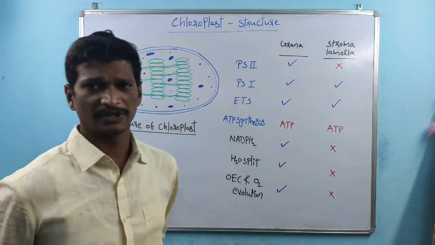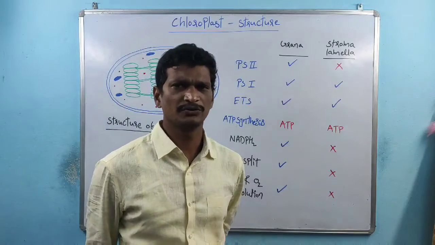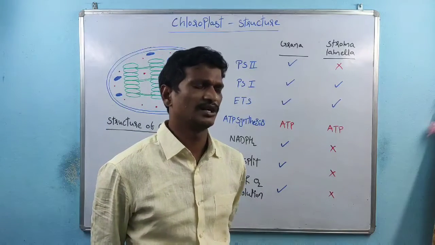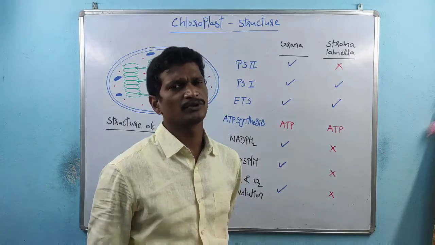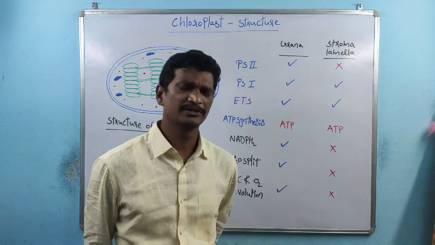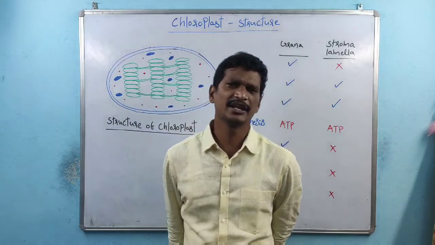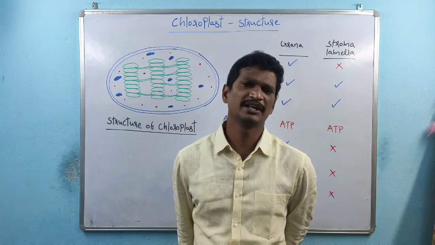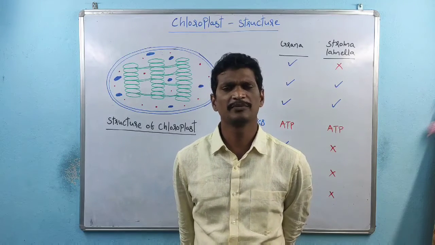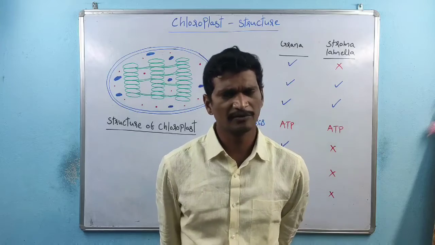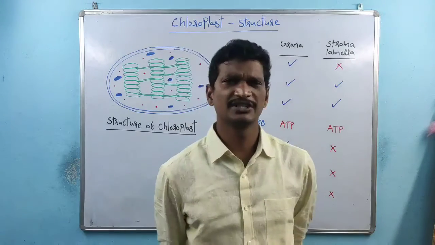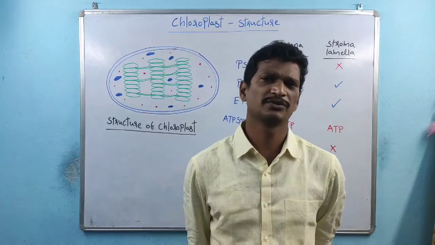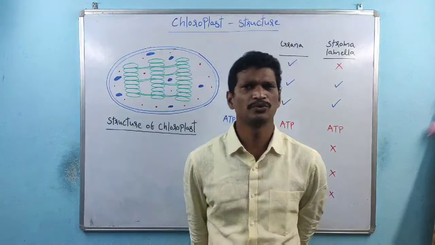These are the sites for the photosynthesis process, involved in the light energy trapping process. The light energy is converted into chemical energy by the thylakoid membrane, because within the thylakoid membrane, as we already discussed, there are PS1, photosystem 1, and PS2, photosystem 2.